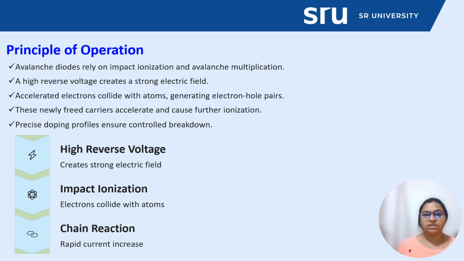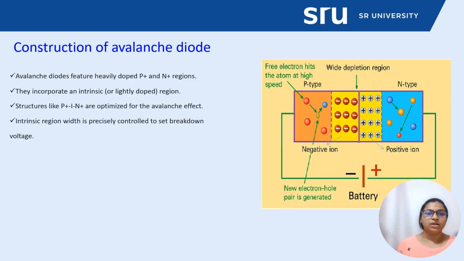So let us see what its construction is. Avalanche diodes are generally made from silicon or other semiconductor materials. The construction of the avalanche diode is very similar to the Zener diode, which works as a voltage regulator, but the doping level of the avalanche diode differs from the Zener diode.